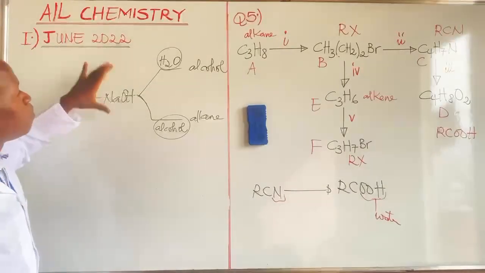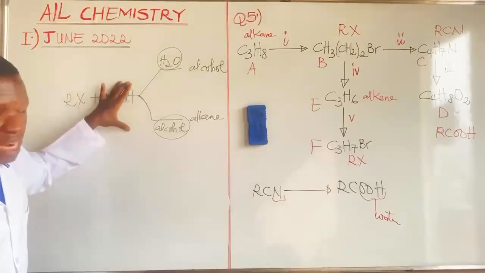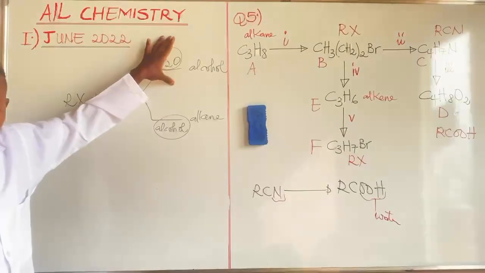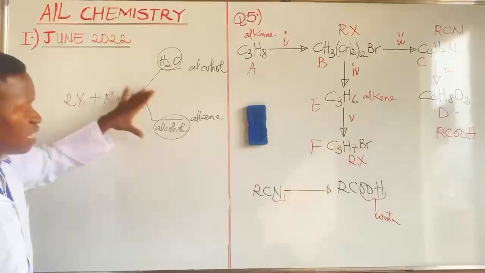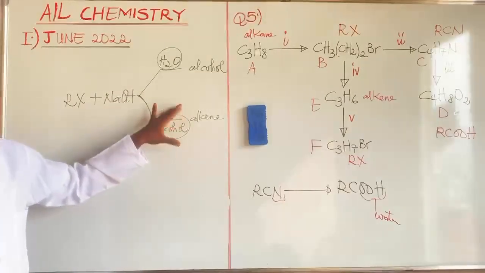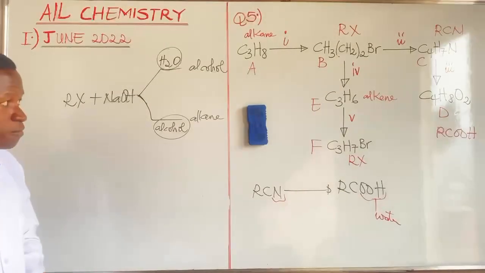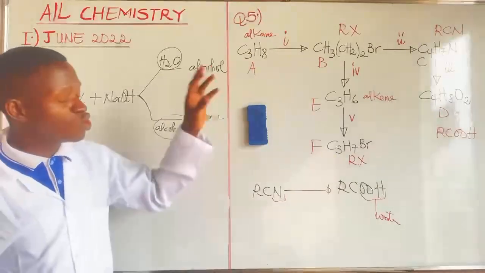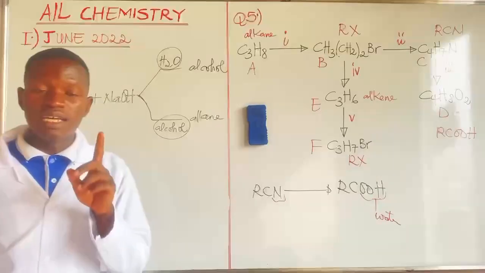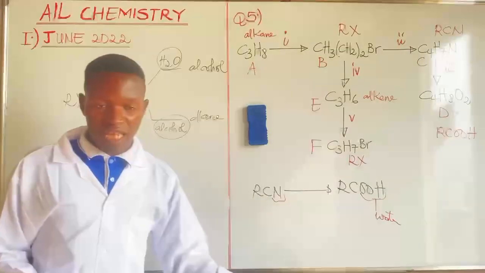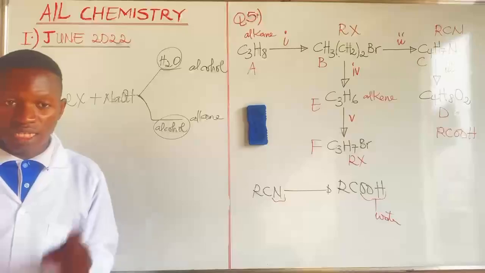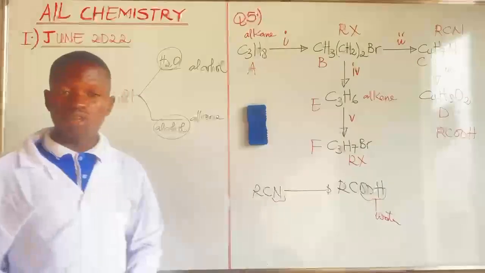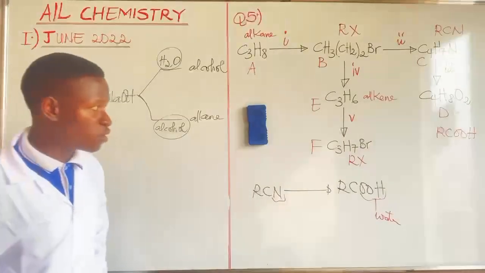So if you use the alkali in water, you have an alcohol. If you use the alkali in an alcohol, then you have an alkene. So for Roman 4, our reagent is sodium hydroxide in ethanol, and the condition there is under reflux.